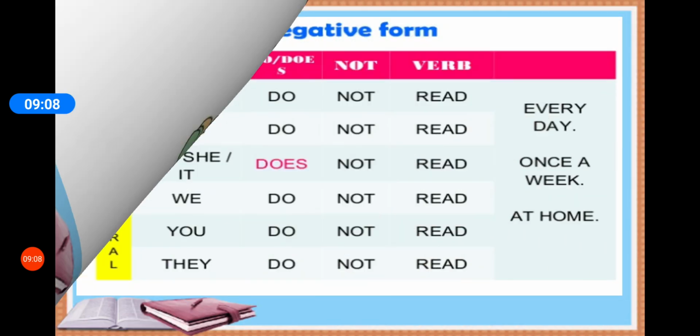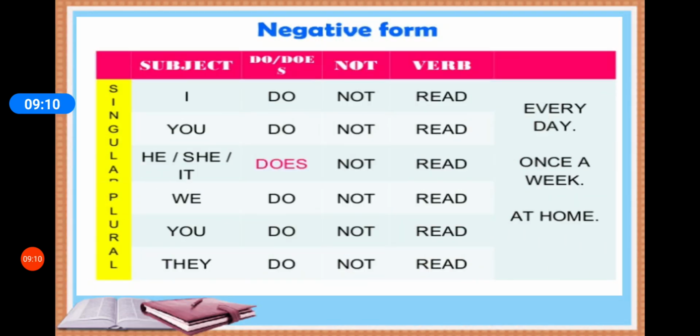Now children, this was about asking questions. If you remember, in the beginning we had learned that do and does are also used with negative forms of sentences, like when we want to say no to something, like I do not read every day.